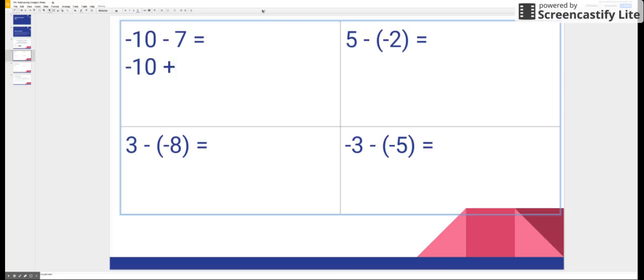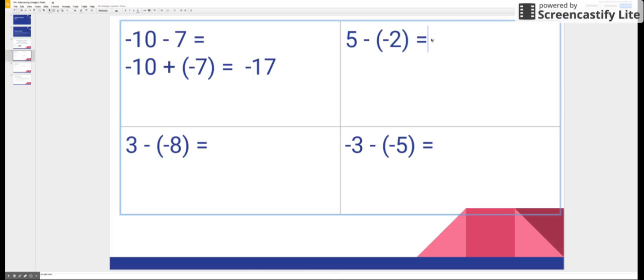The opposite of 7 is -7. So, -10 minus 7 changes to -10 plus -7. -10 plus -7 equals -17. All I did was add the opposite. The opposite of 7 is -7.